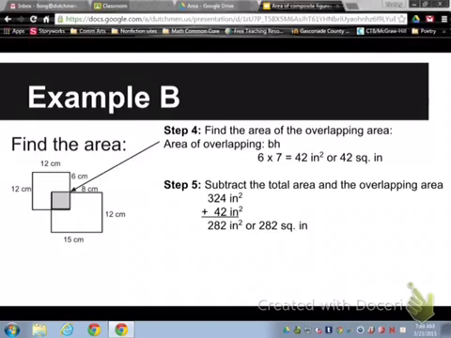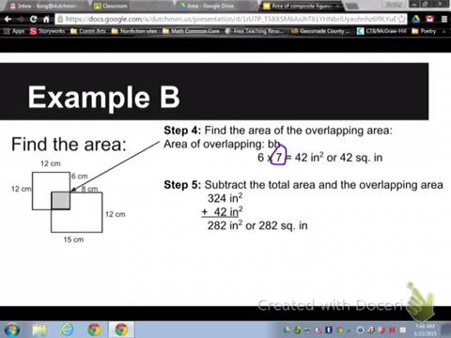If we look at this right here, it's 15 centimeters. If I know this much of it is 8, I can take those two and subtract them. So 15 minus 8 gives me 7. That is where I find the length of 7 for my base.